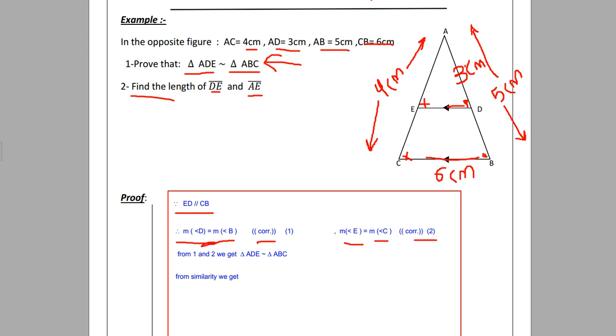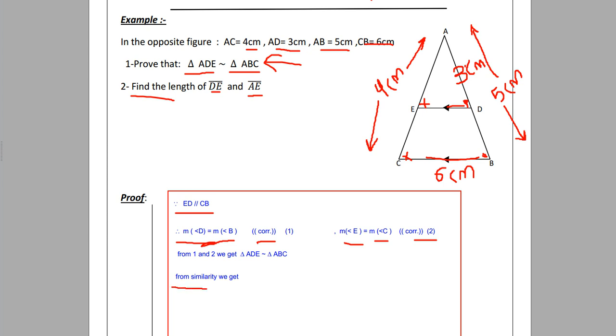From 1 and 2, as I told you in the previous video, if we have two angles equal to their corresponding angles in the other triangle, then these two triangles are similar, because by the way the third angle will be equal to the third. So here we have only two angles equal to their corresponding, so these two triangles are similar to each other.